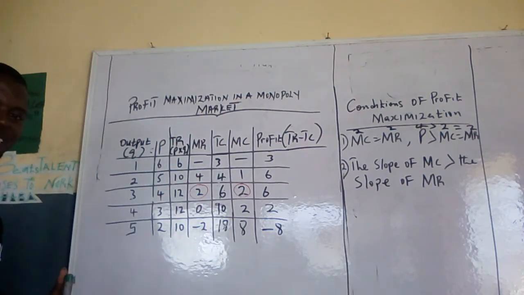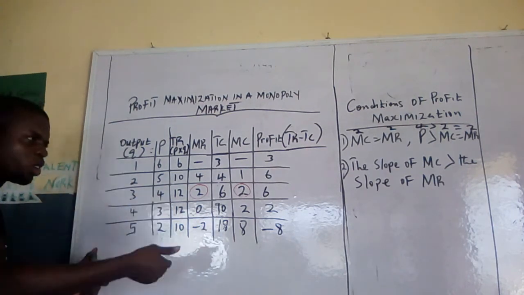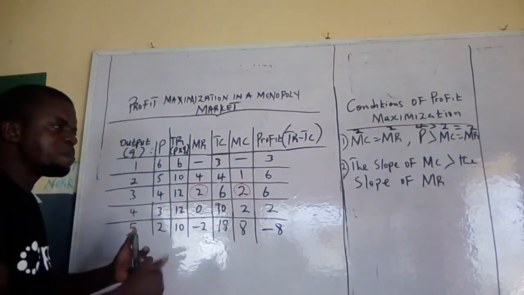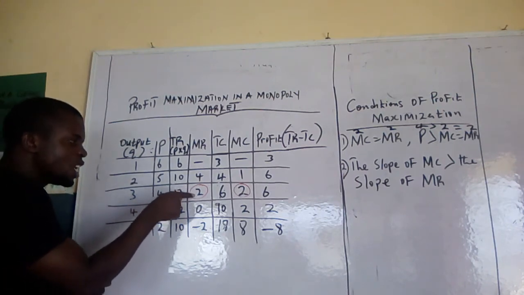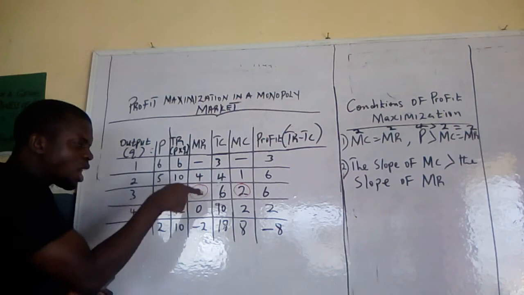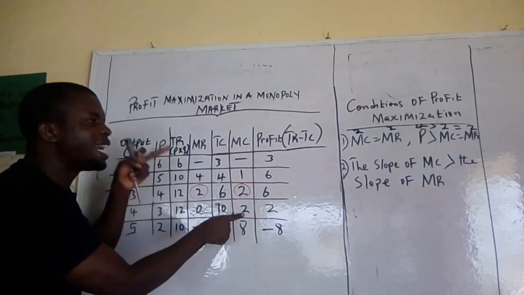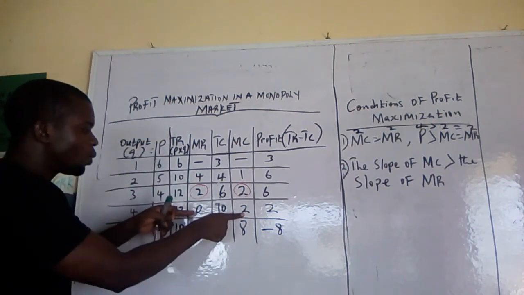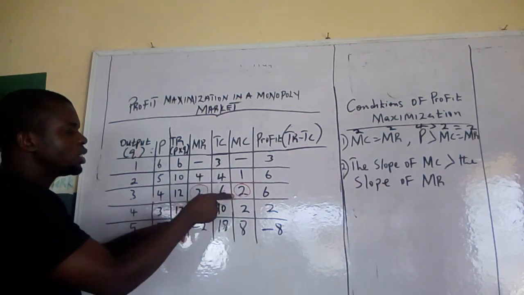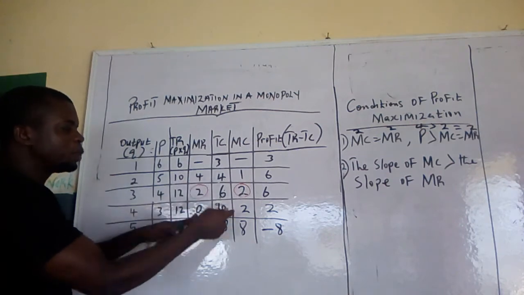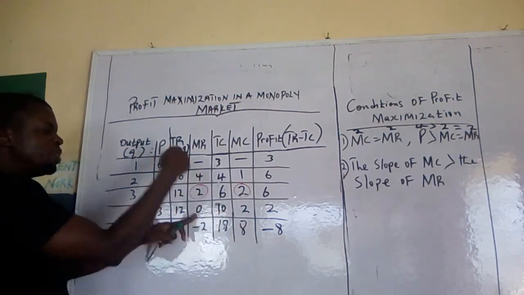That is the gradient, the additional cost, the immediate additional cost after the point where MC equals MR. The immediate marginal cost must be greater than the immediate marginal revenue.